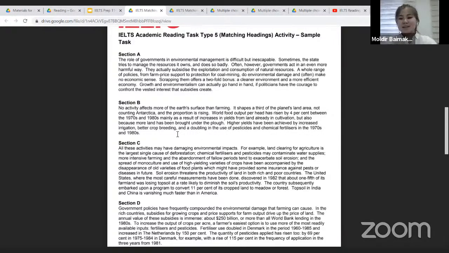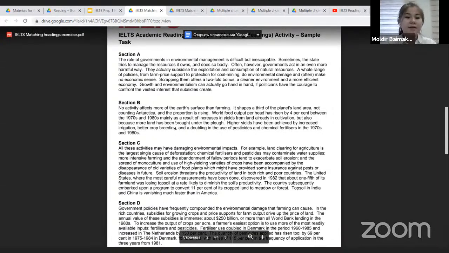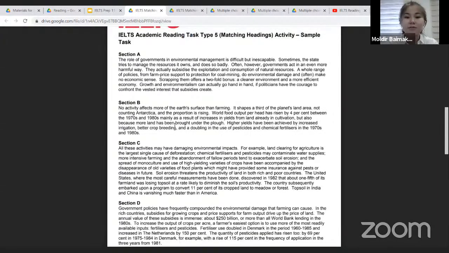Yes, so again, the first mistake, I would say, is that you worked very quickly. But in general, this is really confusing, because the first sentence even says no activities affect more of the earth surface than farming. So it's affects, impact, earth surface, environmental. Everything seems to be about the environment, but still, the word world food output itself appears only once.